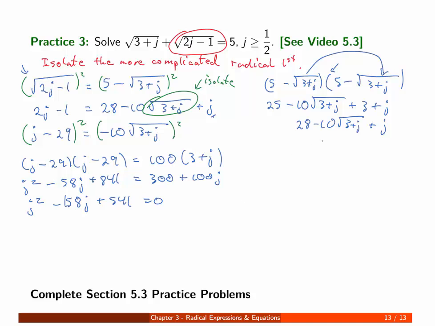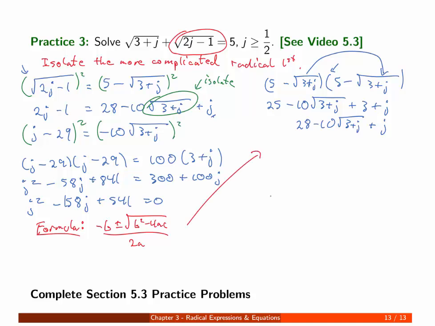Now if you can get those factors in your head, then you are impressive. I'm going to use the quadratic formula to find these factors. So you're going to have negative b, maybe I'll write it out, plus or minus the square root of b squared minus 4ac, all over 2a.